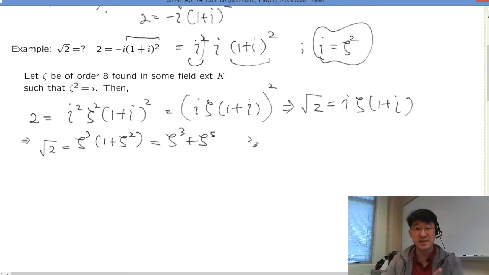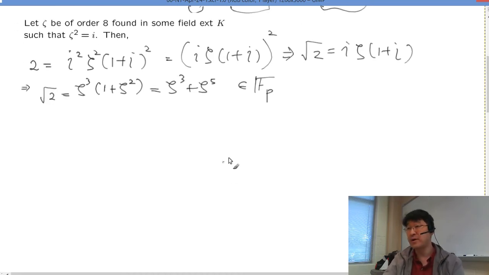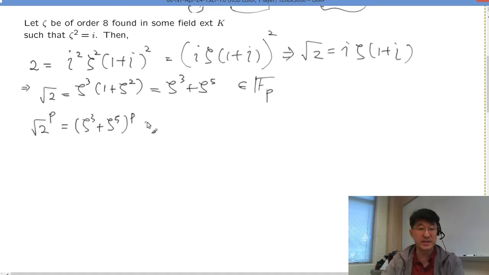Next question is: is this inside F_p or not? That's an example: an order 8 element, and these added together. I don't know whether it's inside F_p or not. But what is the method? Frobenius action. You raise this one to the pth power and see if it is back into the same shape. For example, if I raise that to the pth power, by the freshman's dream, because it's called the Frobenius automorphism, it distributes like this: zeta to the 3p plus zeta to the 5p.